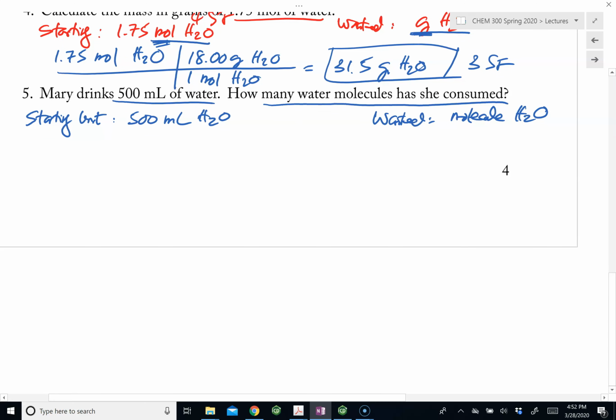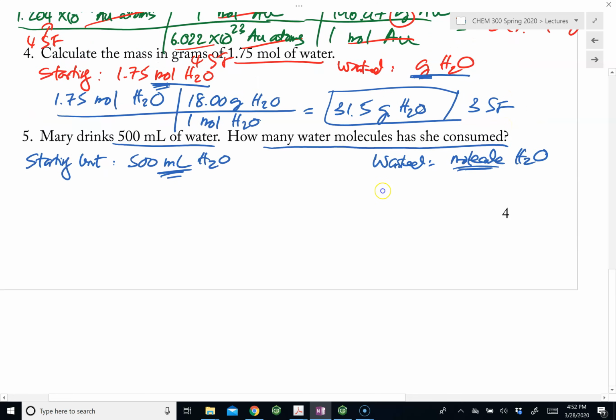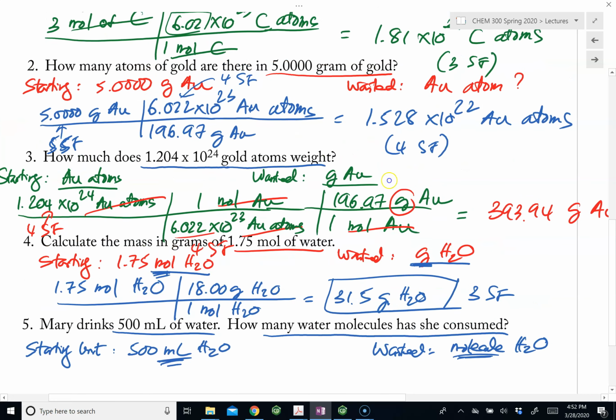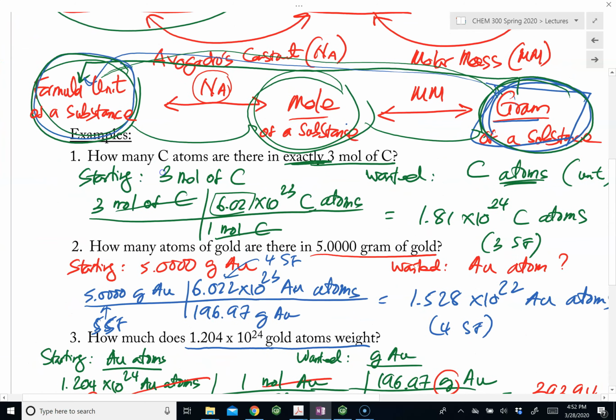So how will we solve this problem? We have to convert between volume of a substance into molecule of a substance. And from above, the 3 variables that we have learned so far involve units, mole, and gram. But then volume is nowhere listed in here.